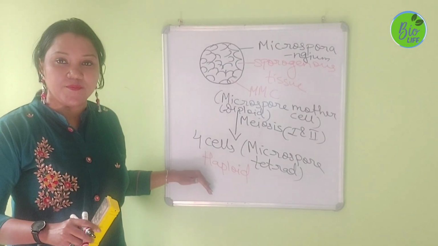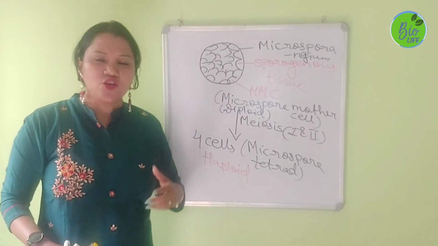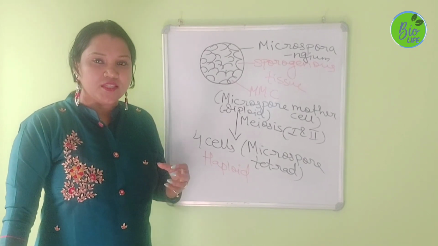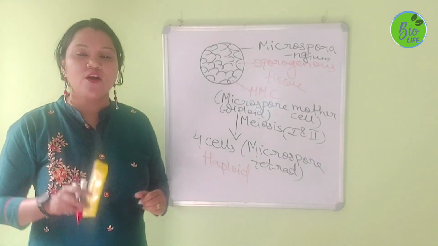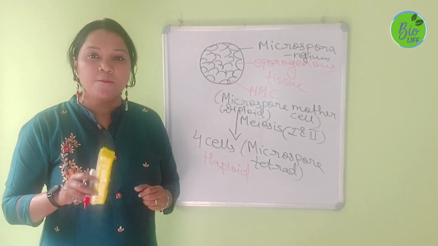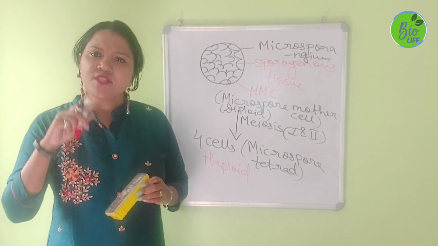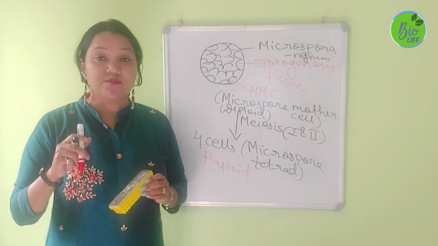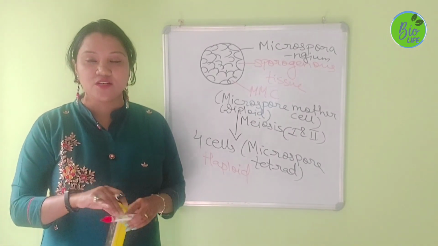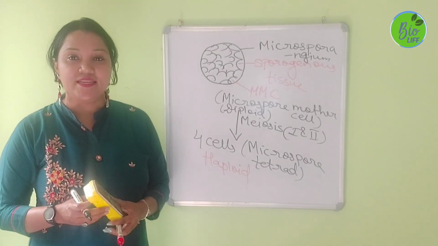When the anther matures and dehydrates, the microspores dissociate from each other to form pollen grains.